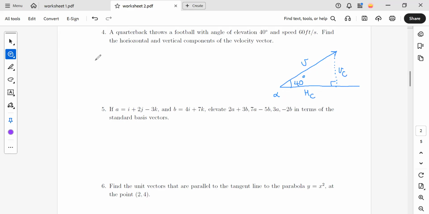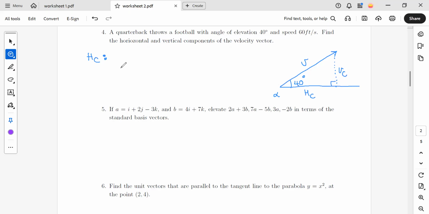So how can we find the horizontal component? In order to find the horizontal component, we're going to use trig functions. What is the position of this line, which is the horizontal component, compared to alpha? That would be adjacent.